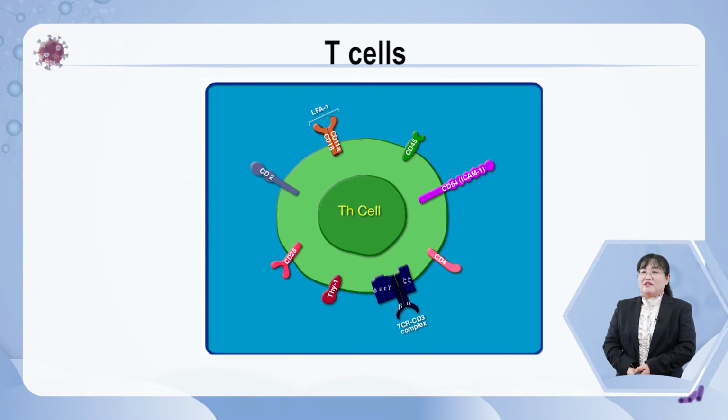Mature T cells bear important molecules on the cell surface, including TCR-CD3 complex and accessory molecules, which include CD4 or CD8 as co-receptors, CD28 and CD2 as co-stimulatory receptors, as well as cytokine receptors.